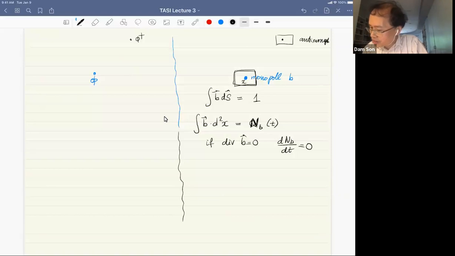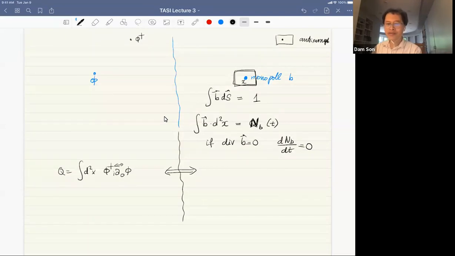From here we find a correspondence. So in this theory of a complex scalar field, there is a conserved charge, which is the integral d2x phi dagger d0 phi. That charge is conserved in the complex scalar field.